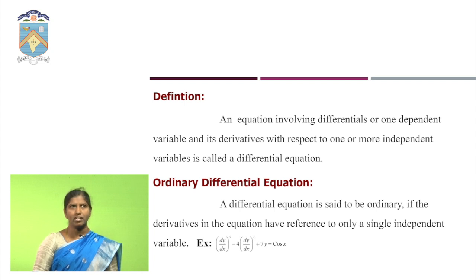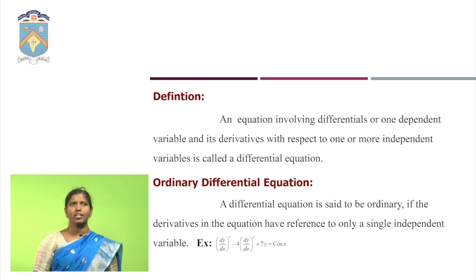So, a differential equation has differentials of one dependent variable, that means the dy or dx or dz, with respect to, we may have one or more independent variables. Then what is meant by an ordinary differential equation?